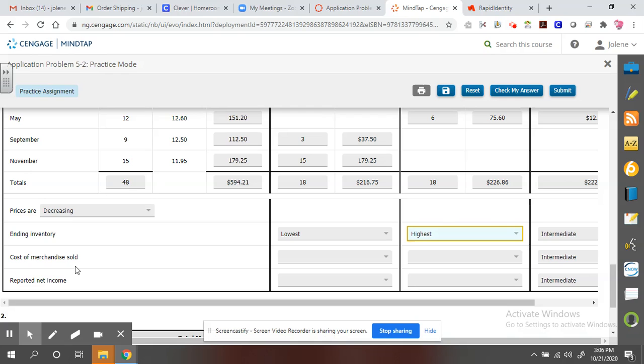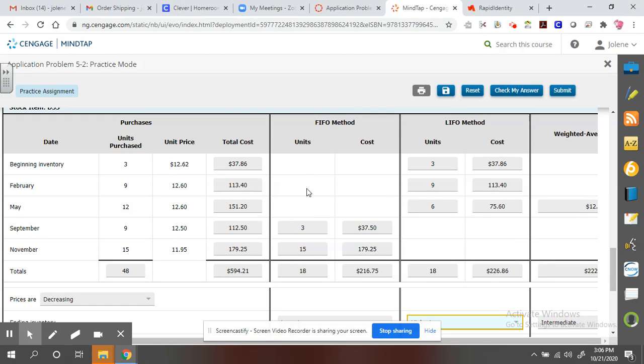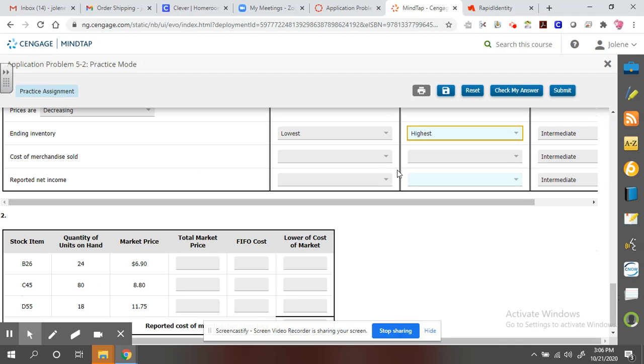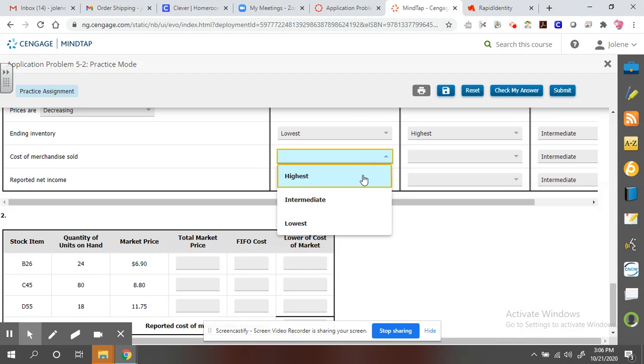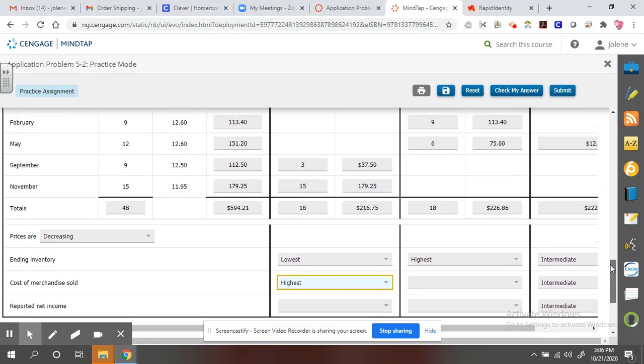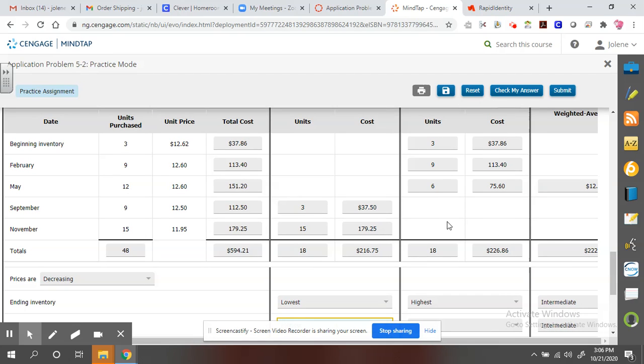Cost of merchandise sold. Well, what was sold in FIFO was the higher priced stuff. And the stuff in the LIFO that was sold was the lower priced stuff.